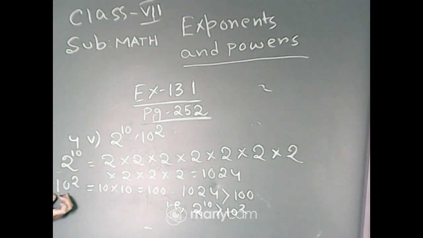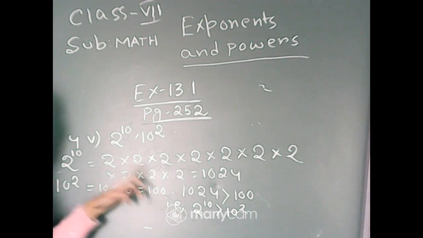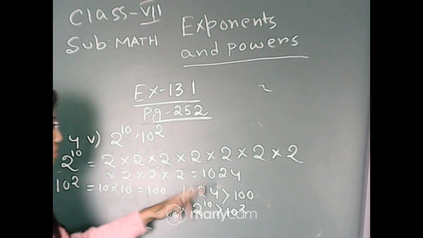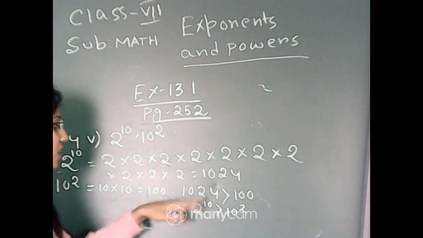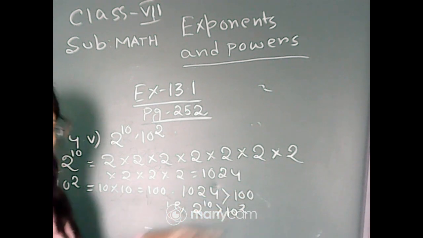Since 2 is the power, we write 10 2 times, and the value is 100. Obviously 1024 is greater than 100, that is 2 to the power 10 is greater than 10 square. Clear?